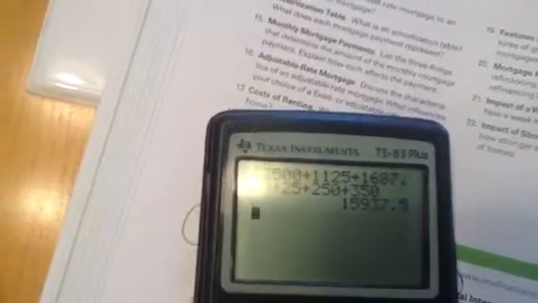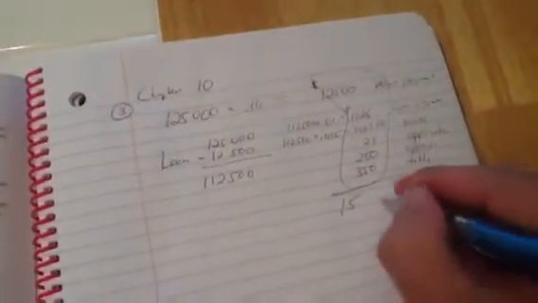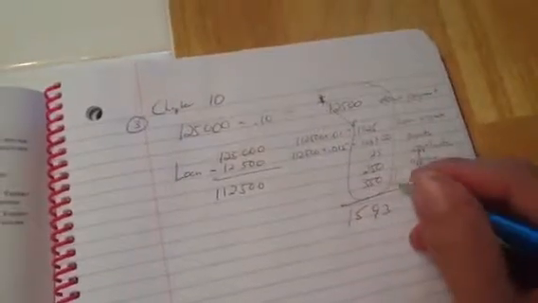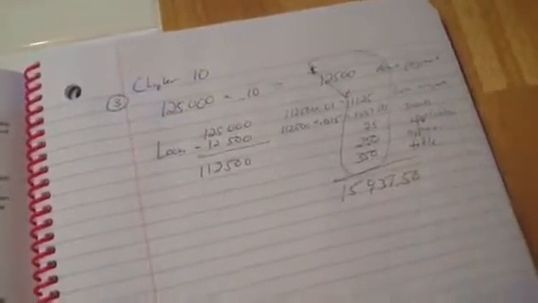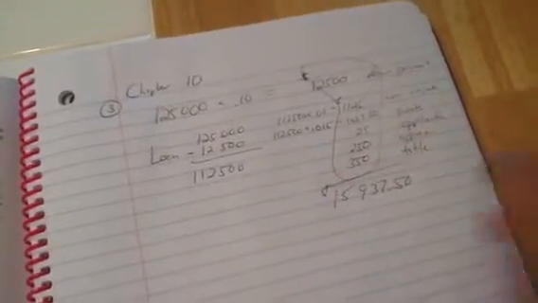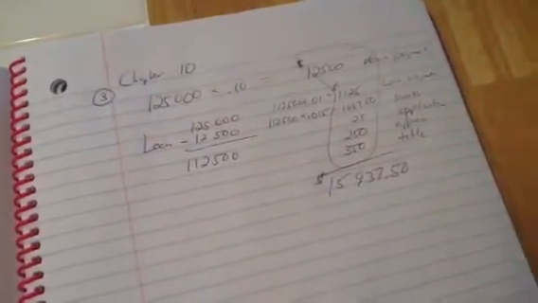Pretty good chunk of change, right? Almost $16,000, and you're only going 10% down on a $125,000 house. Closing is shockingly expensive, and of course, if you buy a more expensive house, these things in percentage terms go up proportionally. So that's the amount necessary.